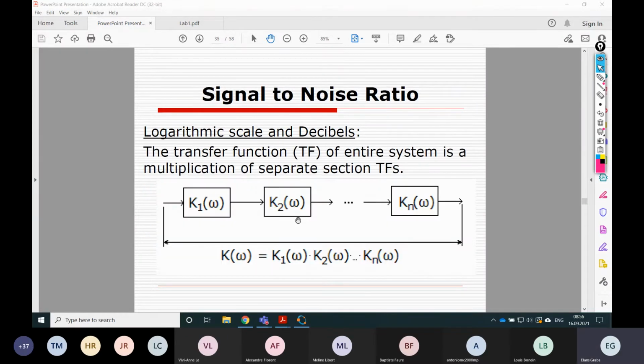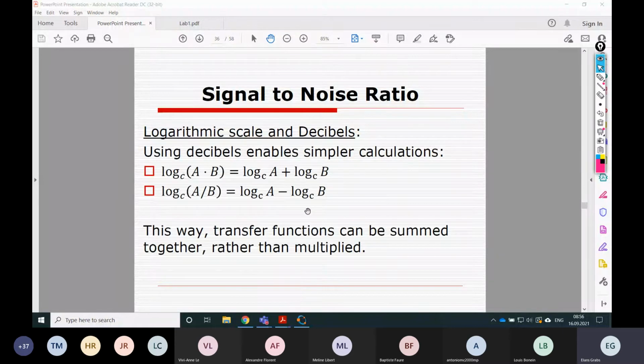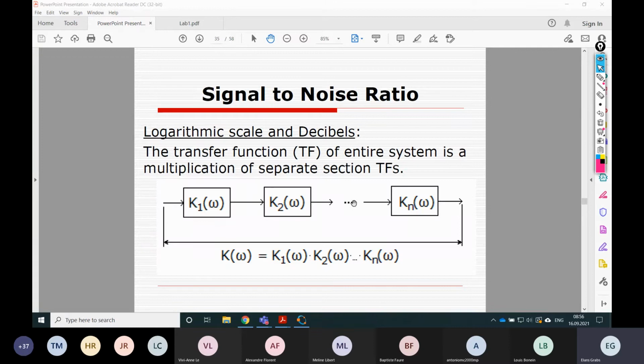Well, here are some logarithm properties. If you multiply 2 numbers, then for logarithms you can just add them up together. If you divide, you can subtract them, which is very convenient for different amplification. So imagine your first amplifier multiplies signal by 10, second multiplies by 10, third multiplies by 10, and the total amplification will be 1000. So this is very simple to calculate if we have simple numbers.